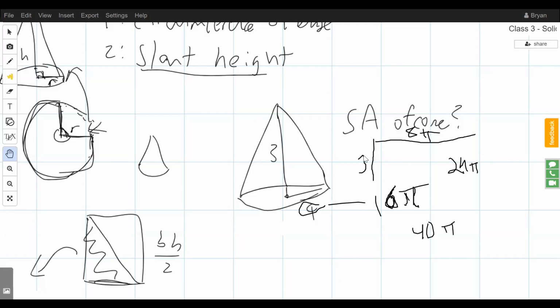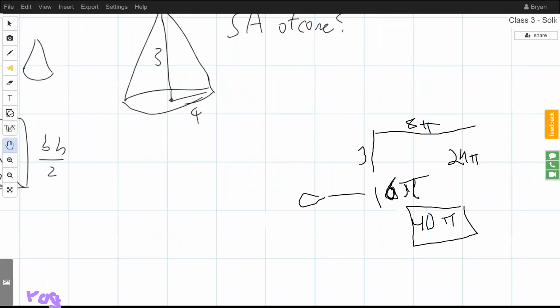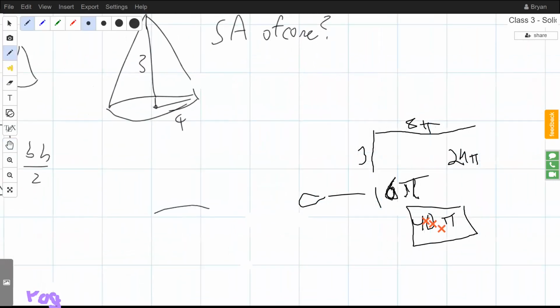No, you're not. The reason you're not right is because you're treating this cone as a cylinder when it's really not. I'll give an example. What you're doing is taking this base, and you have a height of 3.